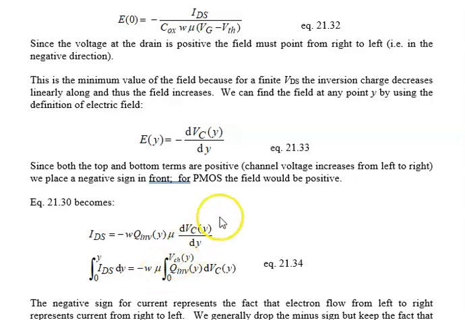So, what do we have to find? We have to find the channel voltage as a function of y and a function of the current. So we basically take equation 2130, and instead of the electric field, we put in the derivative. That's where the minus sign is, that minus sign there.